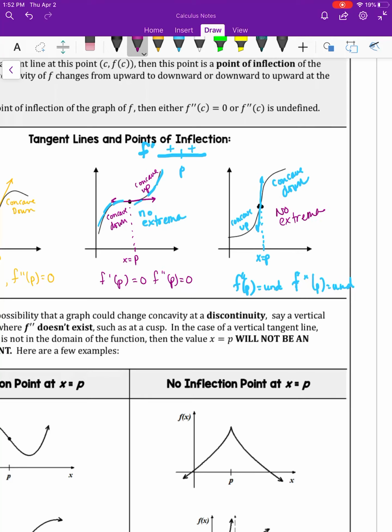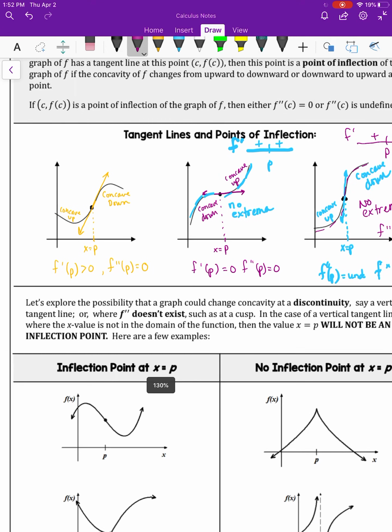This one was no extrema also: positive, positive, positive, but you had an undefined term at p, and it went from positive to positive for your f prime. So no extrema, but since your second derivative was also a critical point at p, and it went from positive to negative because it was concave up to concave down, it ended up being a point of inflection where your concavity changed, even though it was not an extrema.